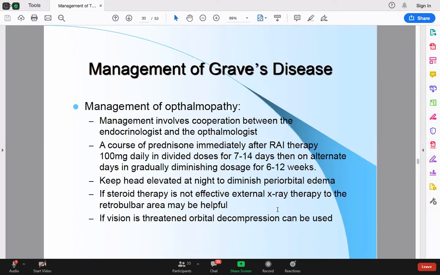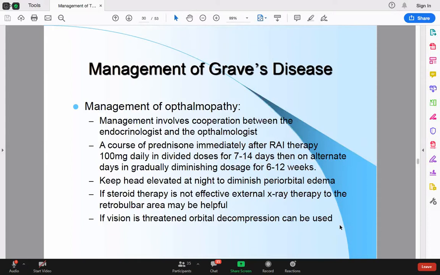Okay, how to manage ophthalmopathy in particular? Well, you need a coordination between the endocrinologist and the ophthalmologist. We actually give them steroids to settle down their eye symptoms, especially if you're going to do the radiation, okay?